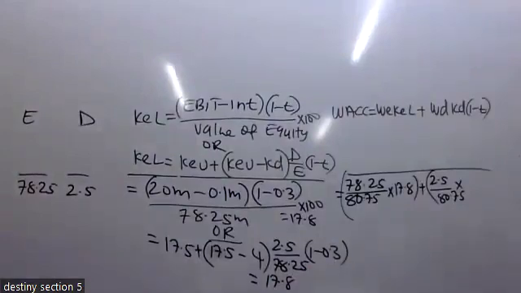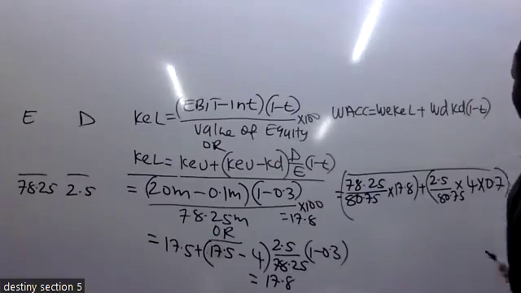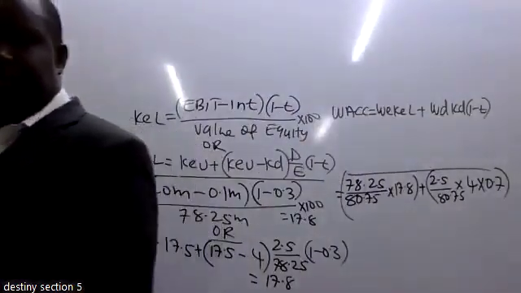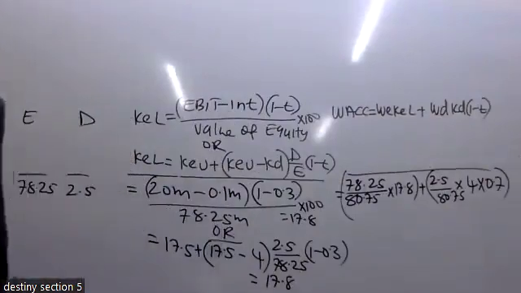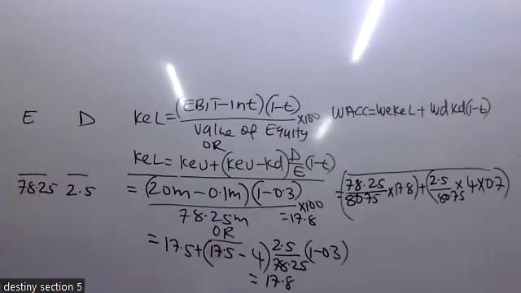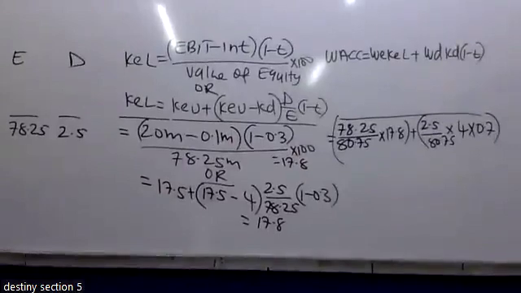Then also multiply 0.7. 0.7 is 1 minus 0.3. So that is now meant to be the first one.